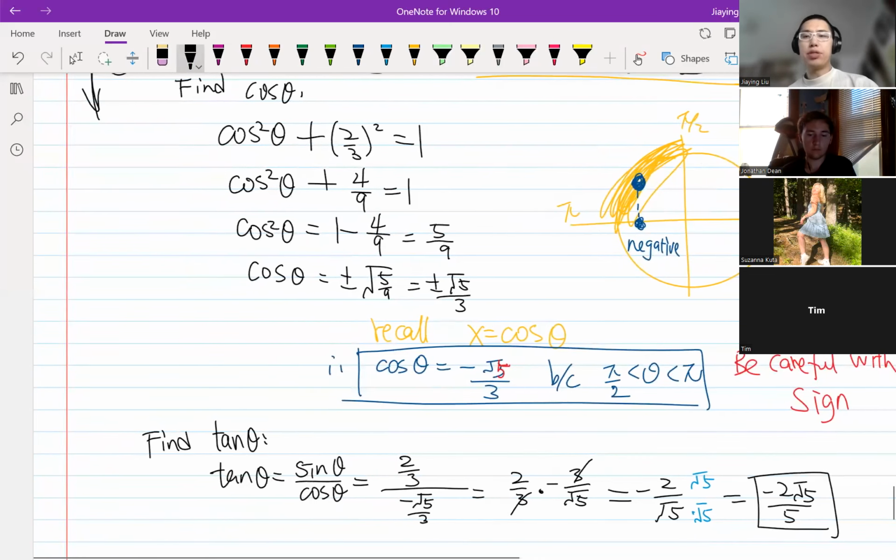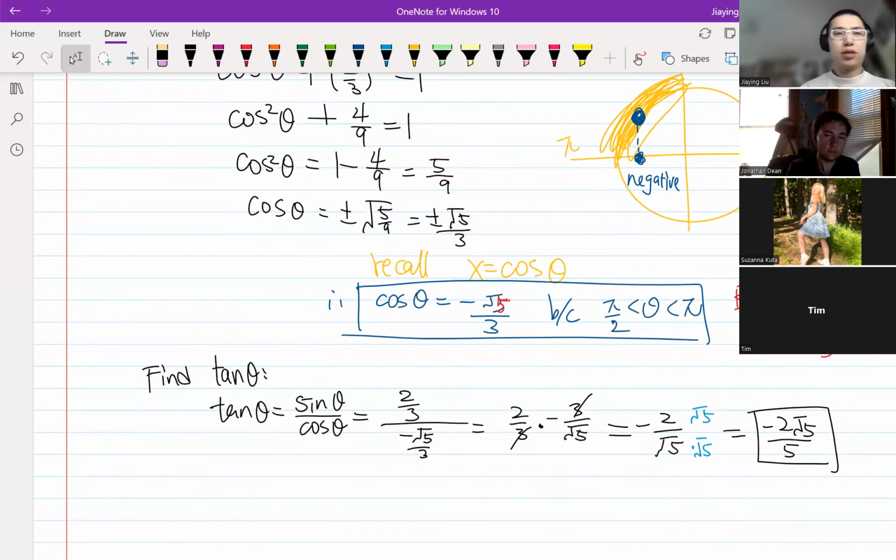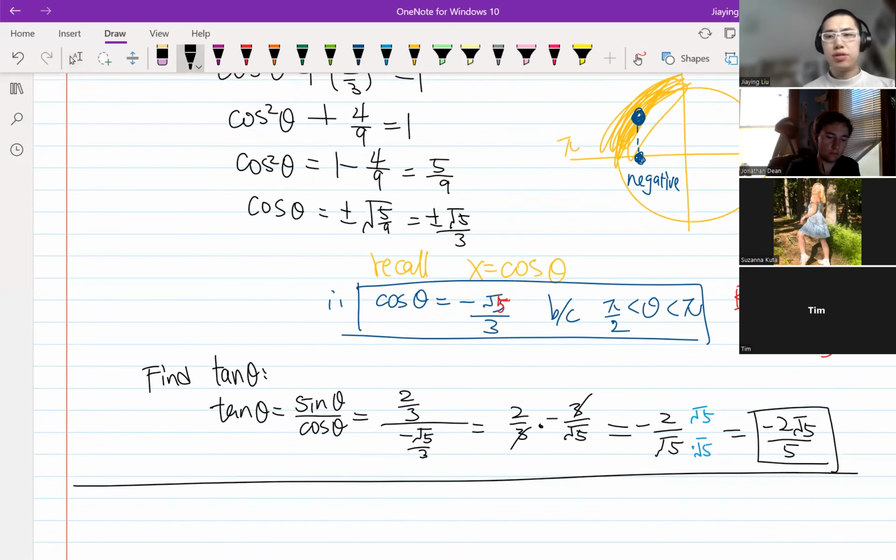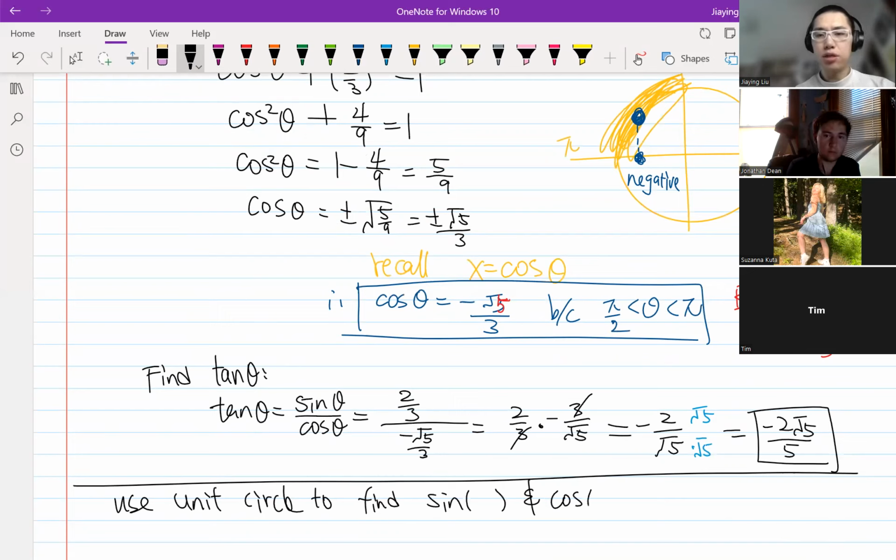The next thing we're going to do is use the unit circle to find the sine and cosine values of some nice angles.